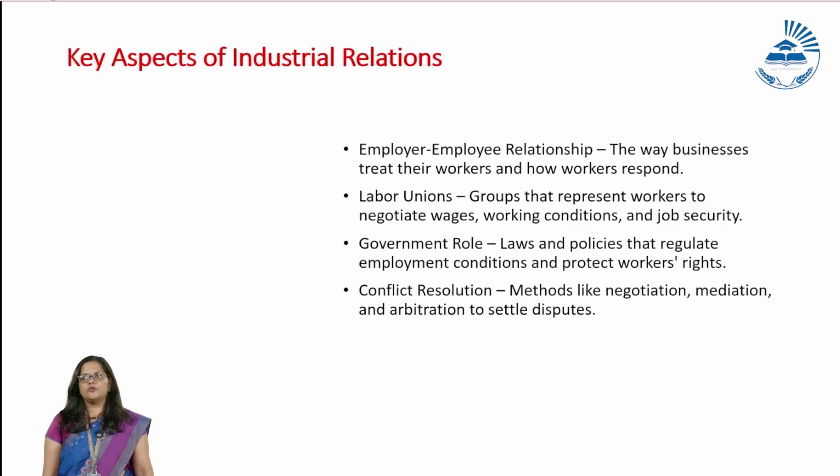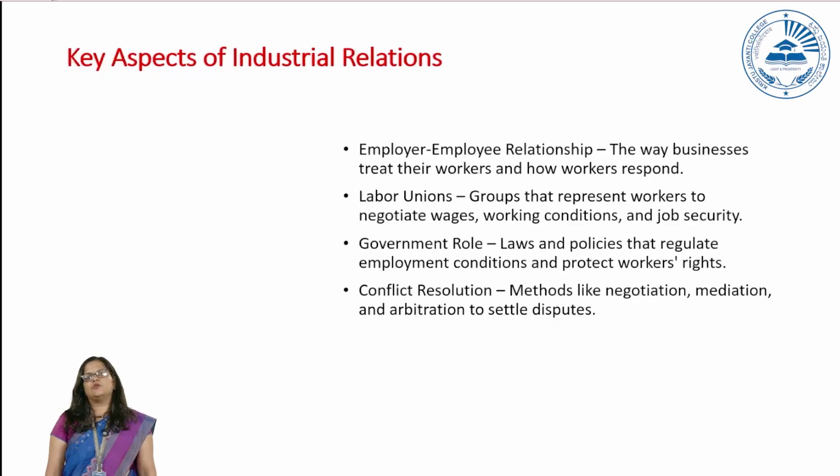So they have to put forward their rights, they have to negotiate regarding their wages, working conditions, and job security. So basically, the employees of the organization, they will voluntarily form a group in order to do the collective bargaining and in order to make sure that they get their rights. So that is basically what labor unions does.